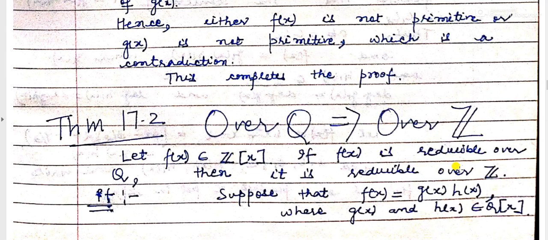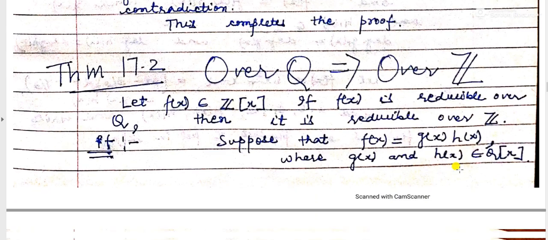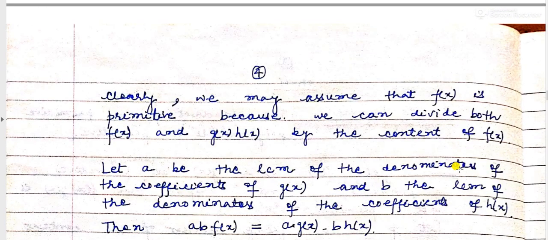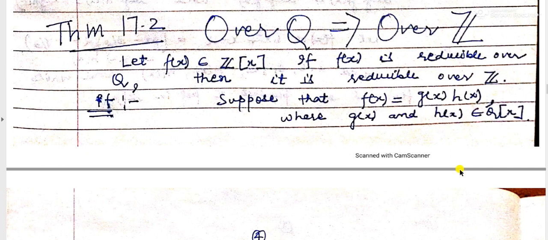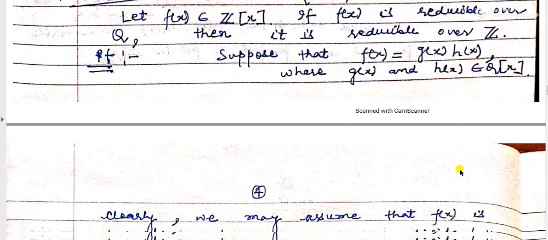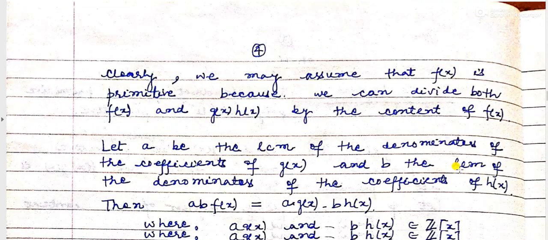So f(x) is g(x) into h(x), where g(x) and h(x) both belong to Q[x]. Now clearly we may assume that f(x) is primitive, because if it is not primitive, then we can divide by the content of the polynomial on both sides. So we can get a primitive polynomial. So we assume that f(x) is primitive.